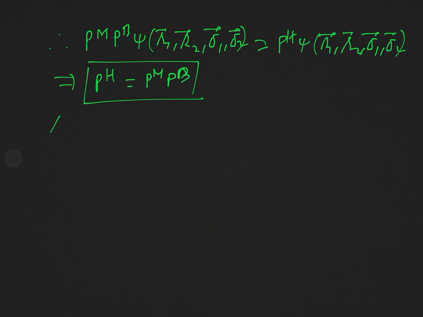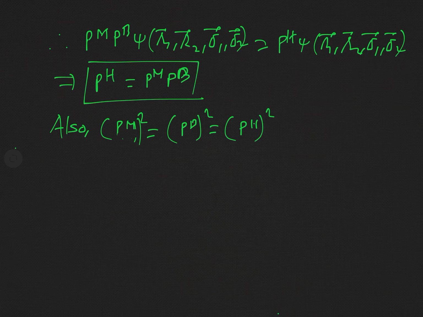Now we can also see that the square of P_M is equal to the square of P_B, and this is equal to the square of P_H, and all these three are equal to 1.